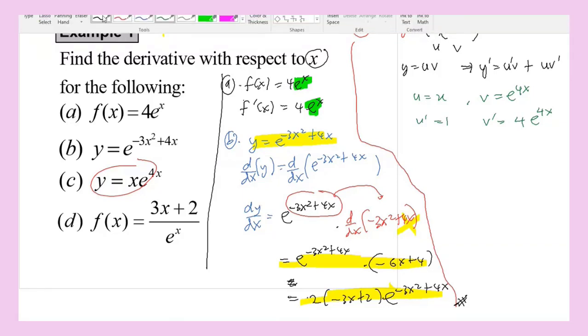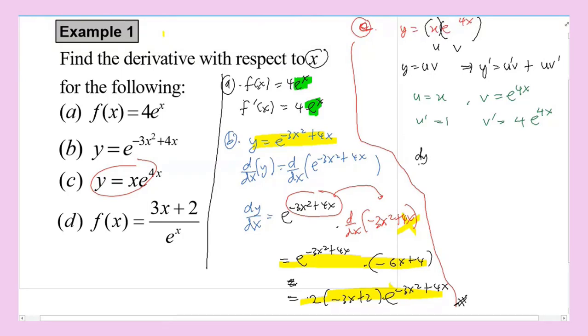Okay, dy dx, we're going to use the product rule. So the product rule is like, if you watched Ultraman when you were small, I put a cross.